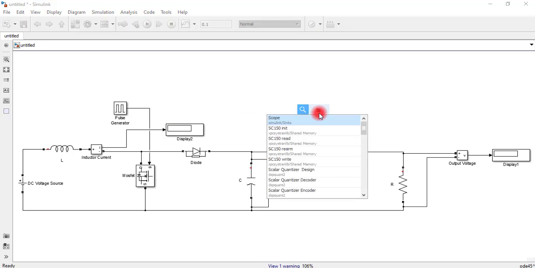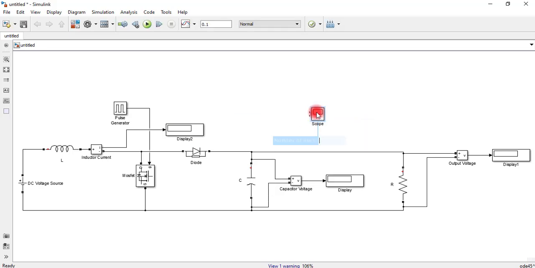Now I need one scope. I will see pulse, inductor current, capacitor voltage, and the input voltage. For a moment I will see just pulse, input current or inductor current, and the output voltage.